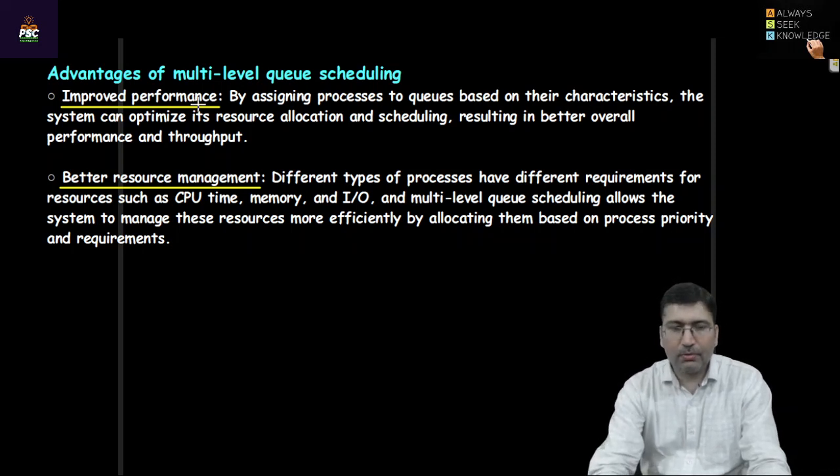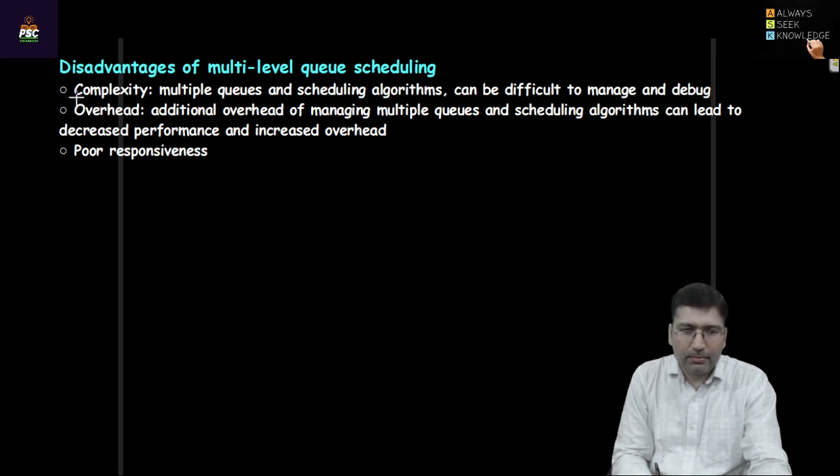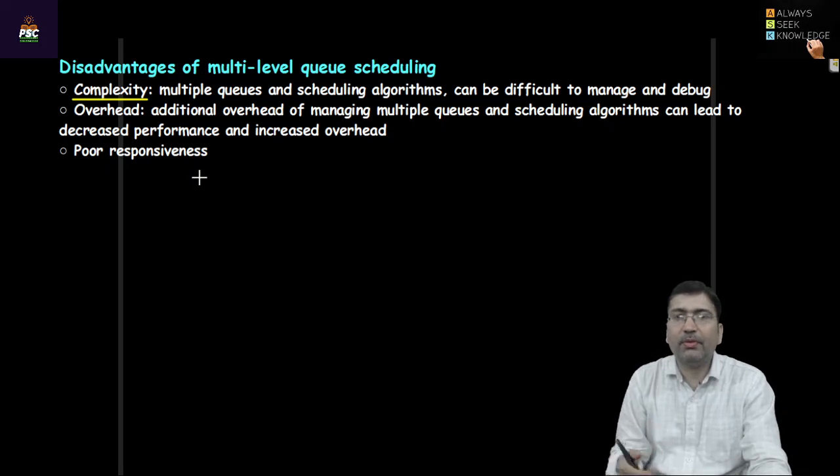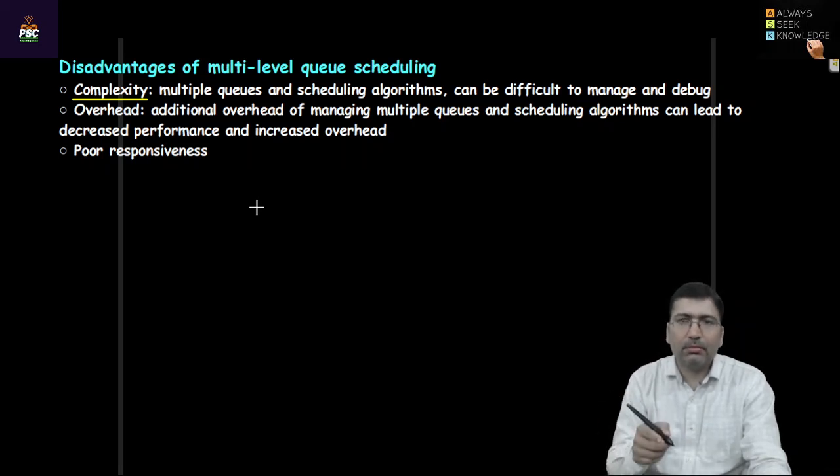Right? But along with the advantages, there are certain disadvantages of multi-level queue scheduling. This type of scheduling is complex because at different levels we may implement different CPU scheduling algorithms. So implementing different levels of queues and different CPU scheduling will increase the complexity.